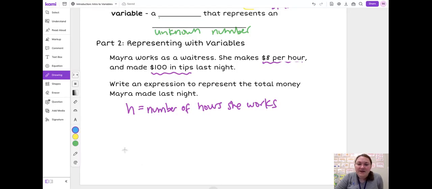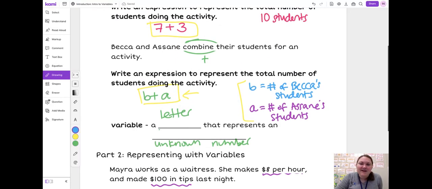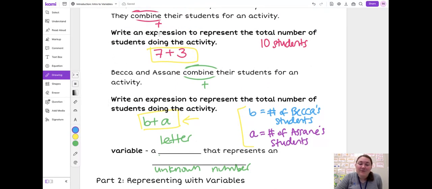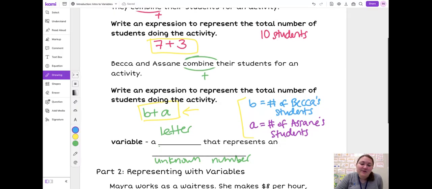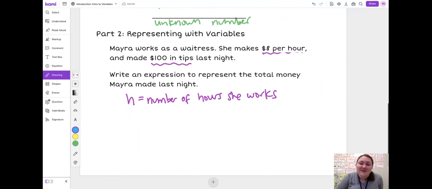When we go to write our expression, similar to above, it's also important to identify what math operation you're using. So for example, for these problems, because we were combining students, I knew it was addition. Here, there are two operations happening in this story. First, with the $8 per hour, if you make $8 per hour, you would want to multiply $8 times the number of hours you work.